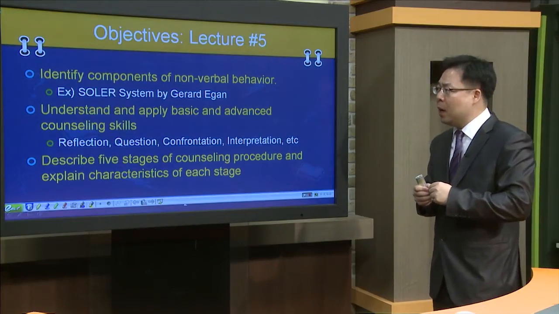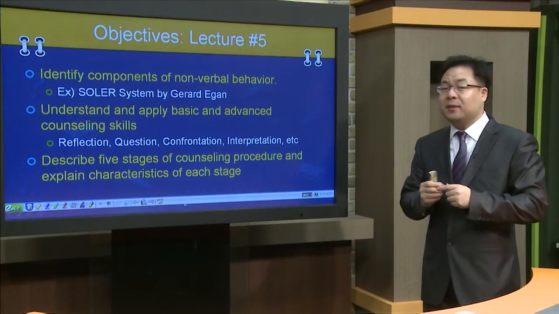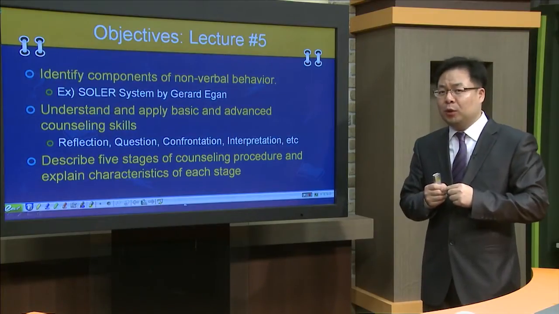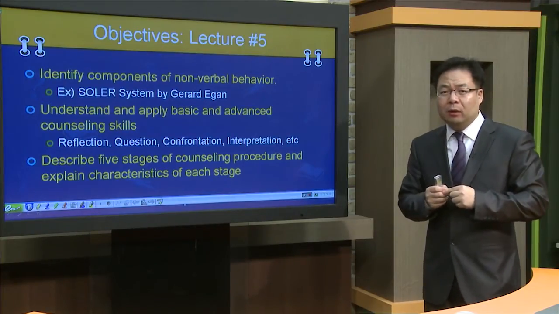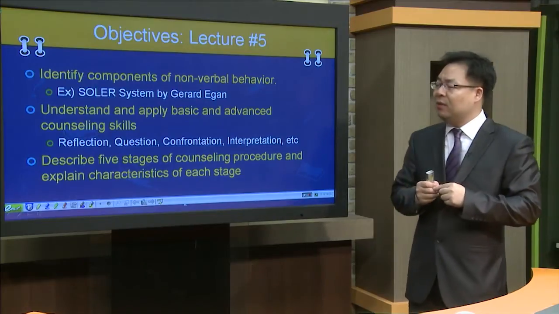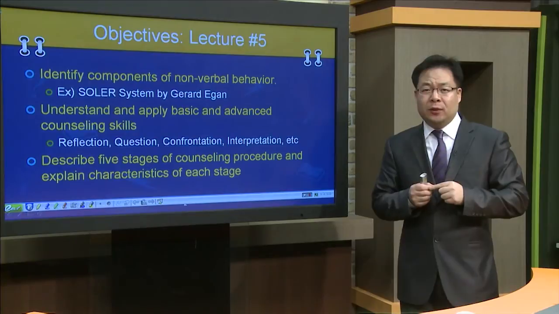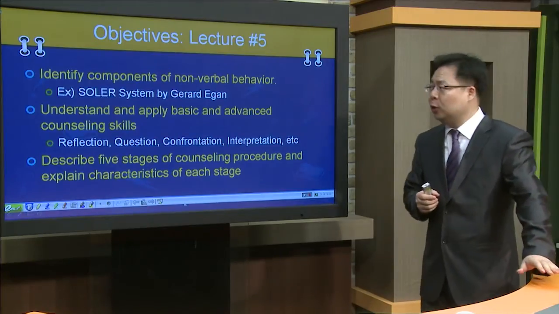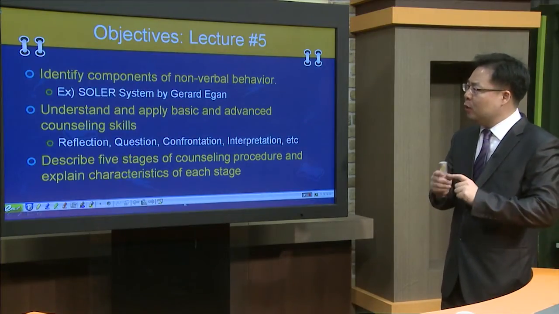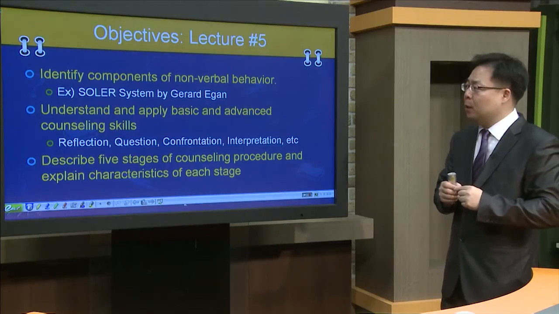So we will talk about one example of nonverbal communication by Gerard Egan. He developed an acronym, the SOLER system. So we will learn some nonverbal behavior techniques by learning his acronym.